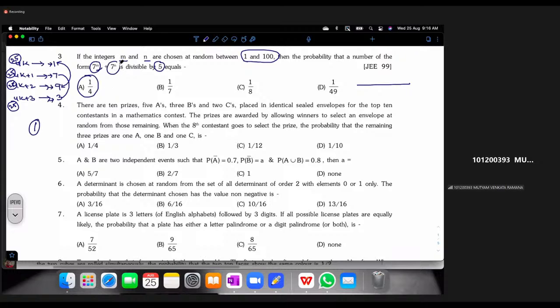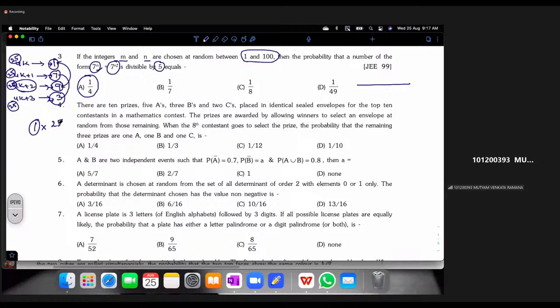Now if it ends with this one, I don't have any choice other than going for these 25 numbers. If it ends with 9, I don't have any choice other than picking up this one. So for n, you have only 25 out of 100.